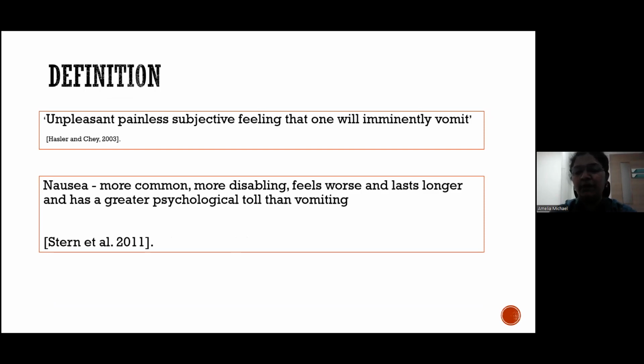There are many reasons why somebody might bring food out through the mouth. So when you take a history from anybody and they say we vomited, many times it's important to understand what they actually mean by vomiting, and what is nausea.